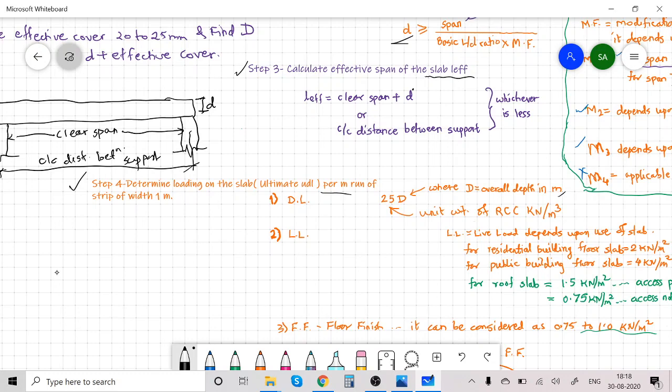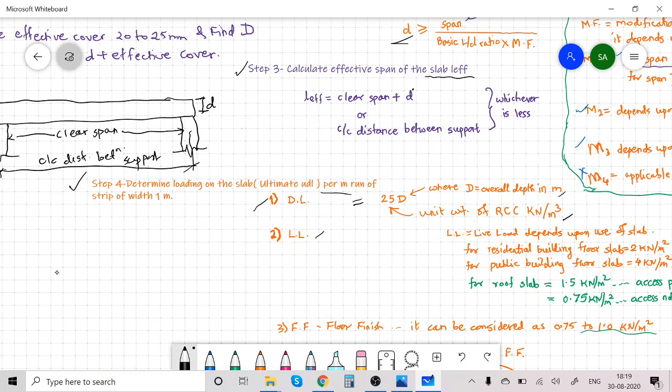First of all, we will consider the dead load or self weight on the slab, which is equal to 25 into D. 25 is unit weight of RCC in kilonewton per meter cube, fixed. Always you will consider 25, whereas capital D is overall depth of slab in meter.